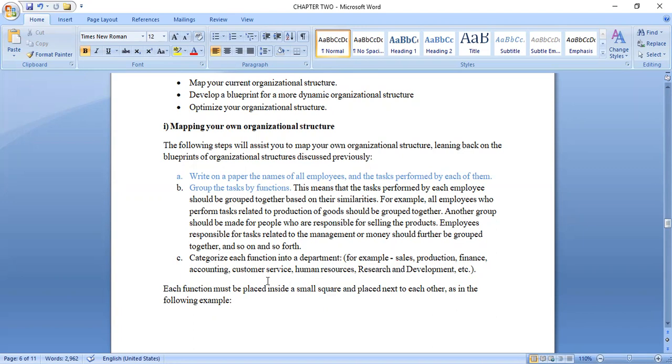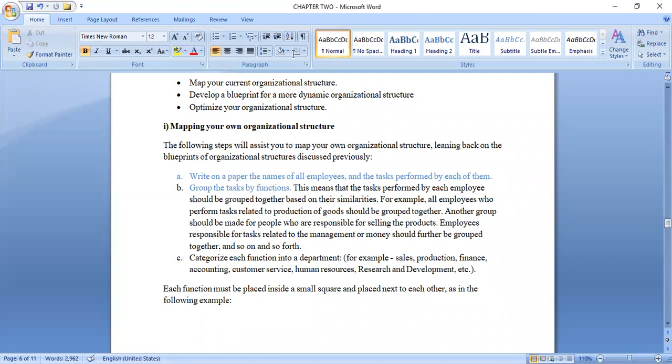Then if, for example, we have a receptionist, these people that receive customer calls, those ones will be under customer service. And if it's these people that do the recruiting, they are called the human resource managers. Those ones will be under the human resource department. And if they are researchers, they will be under the research and development or the R&D department, and so on.